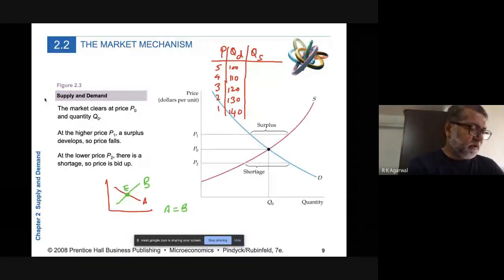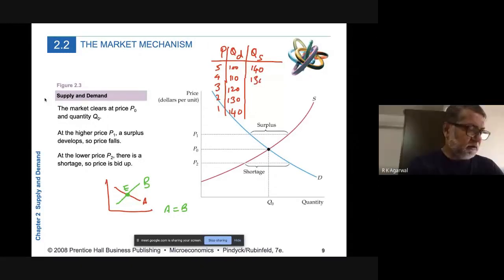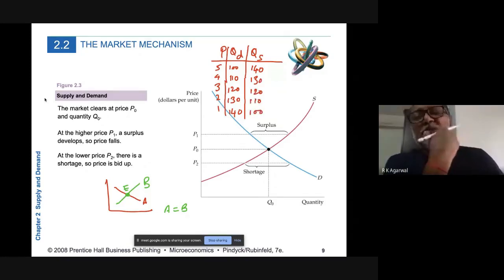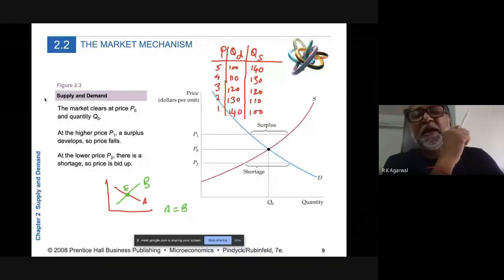Likewise, here you have 140, 130, 120, 110, and then 100. So the question is, at what price are quantity demanded and quantity supplied equal? They are equal at price 3.